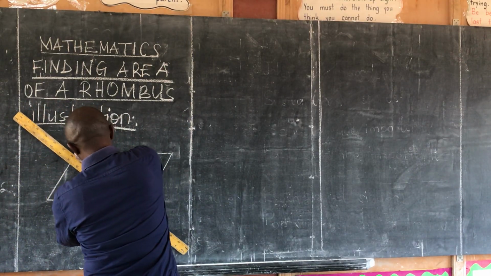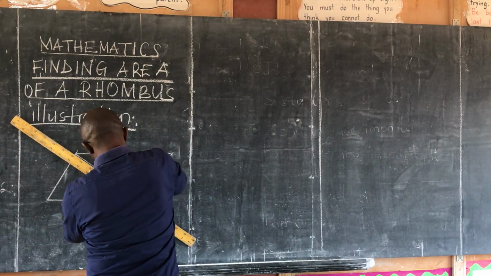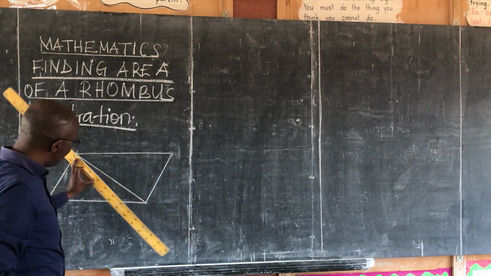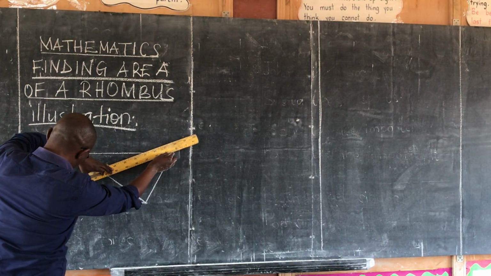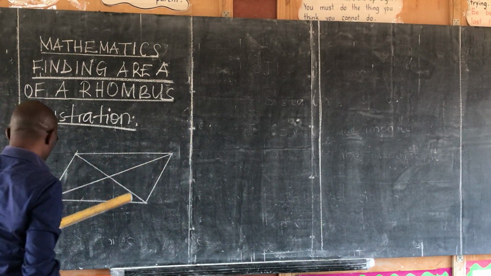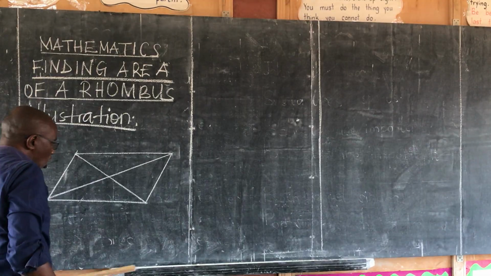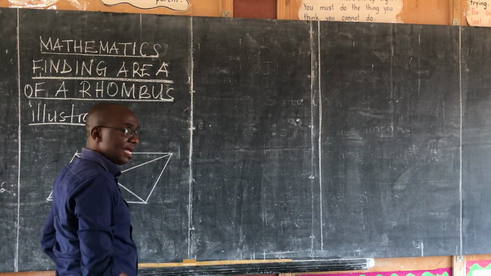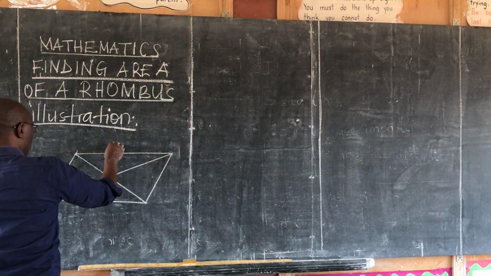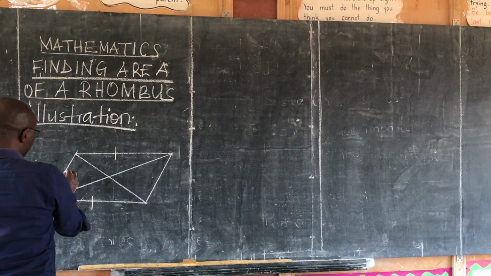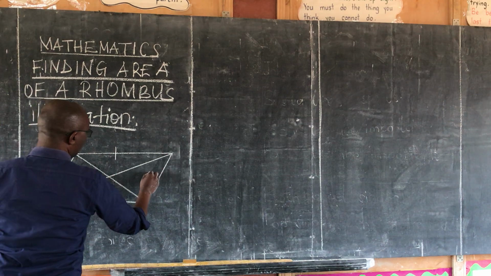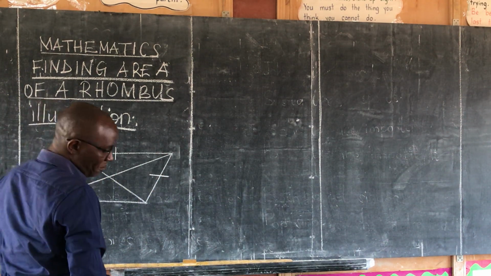Within a rhombus, it has got diagonals, and what I'm drawing are the diagonals. All the sides of a rhombus are equal.